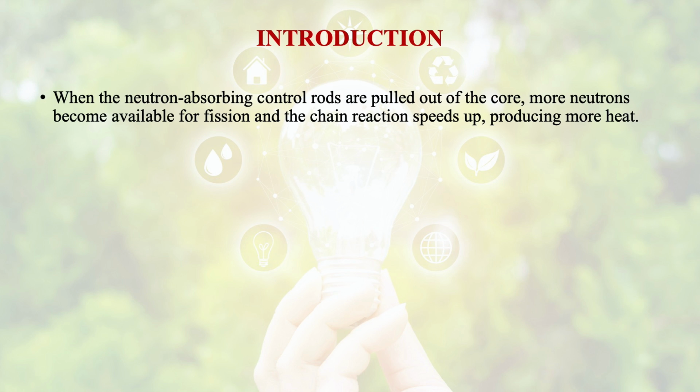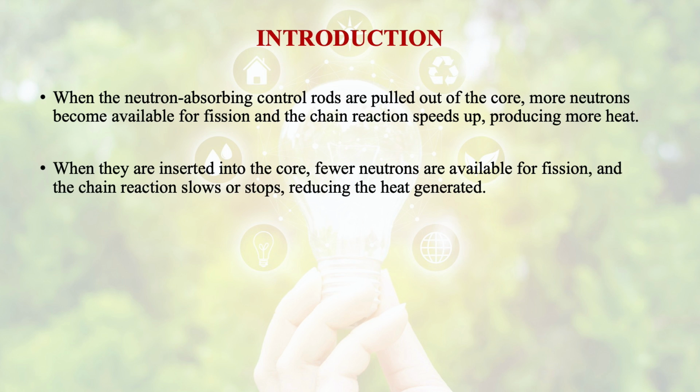When the neutron-absorbing control rods are pulled out of the core, more neutrons become available for fission, and the chain reaction speeds up and produces more heat. When they are inserted into the core, fewer neutrons are available for fission, and the chain reaction slows down or stops, reducing the amount of heat generated.